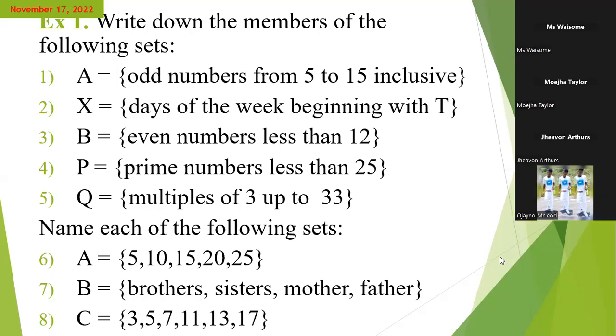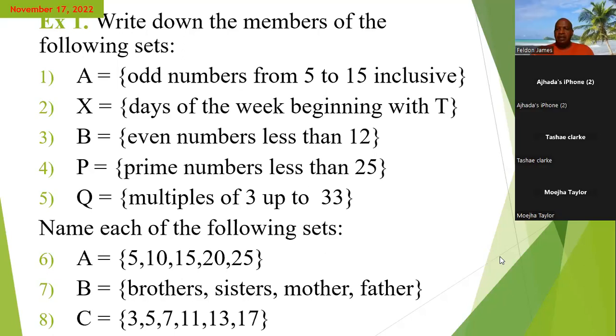Miss Taylor, it's Moisha. Can you pronounce your name correctly for me, please? Moisha. Sorry about that. Miss Moisha, can you describe question 7, the set B for me, please?